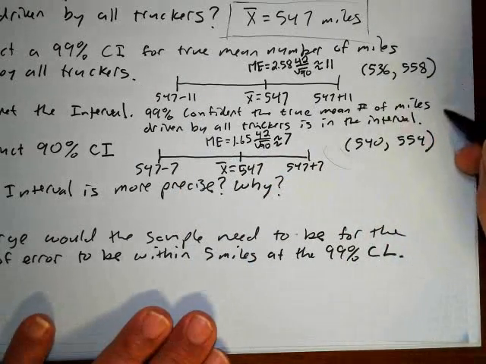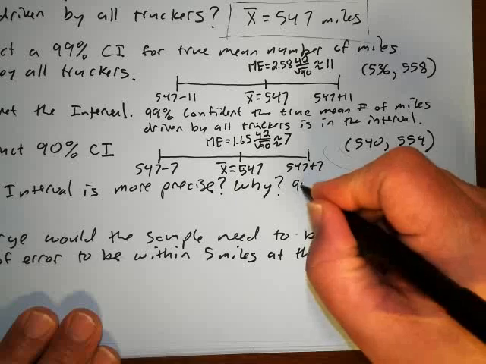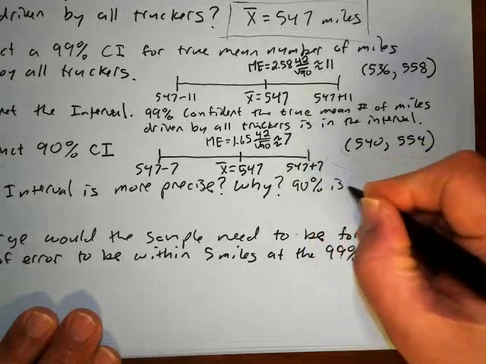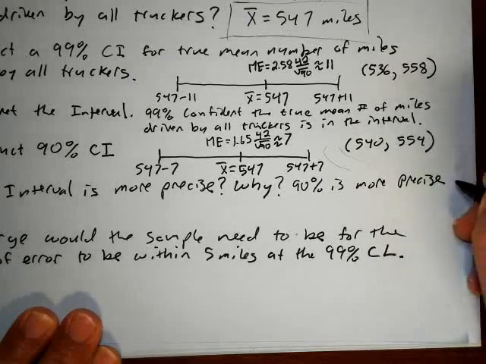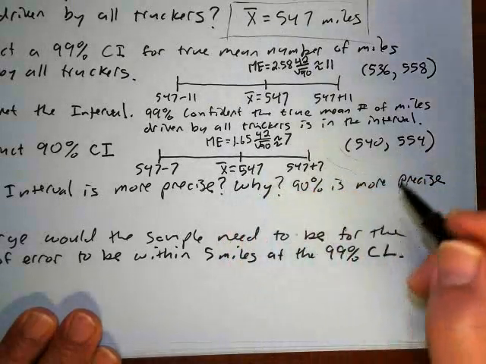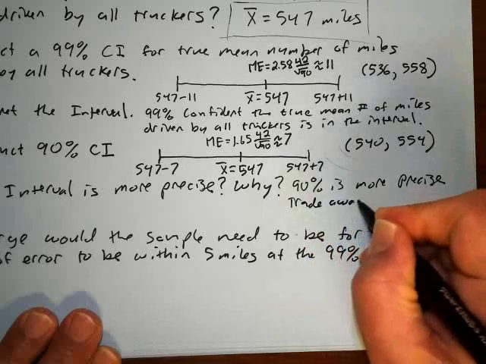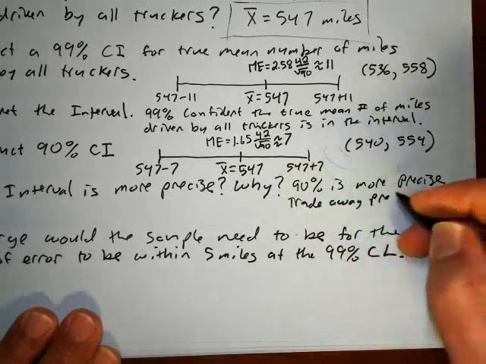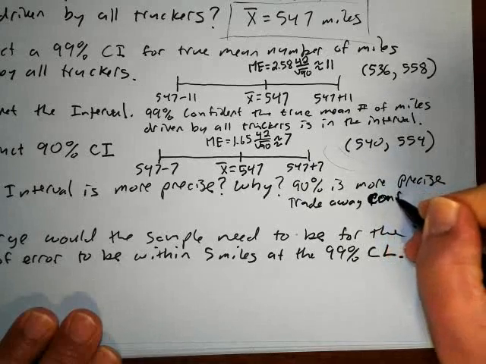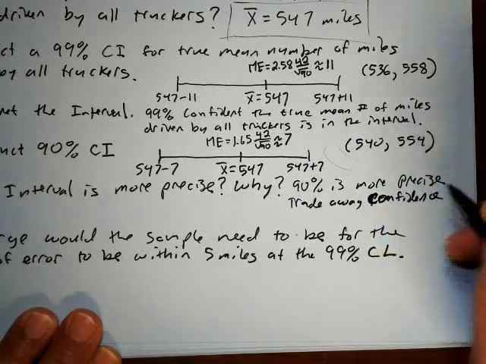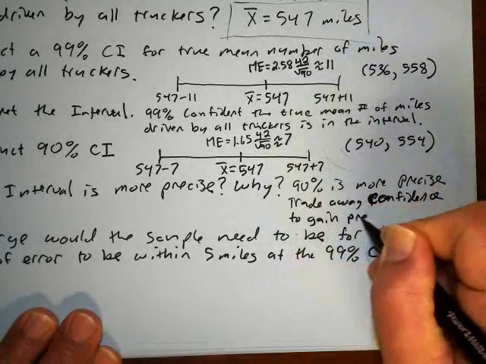So here, the 90% is more precise. Why is that? I traded away confidence to gain precision. I hope I said that correctly above.